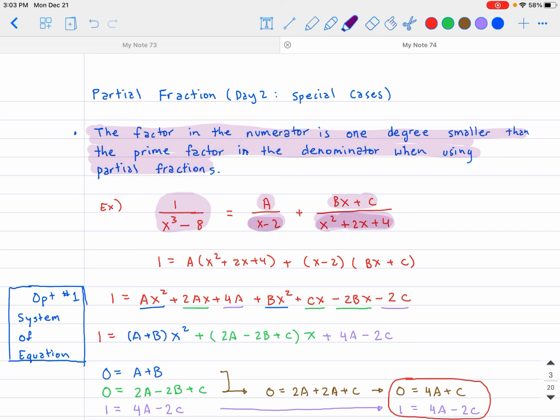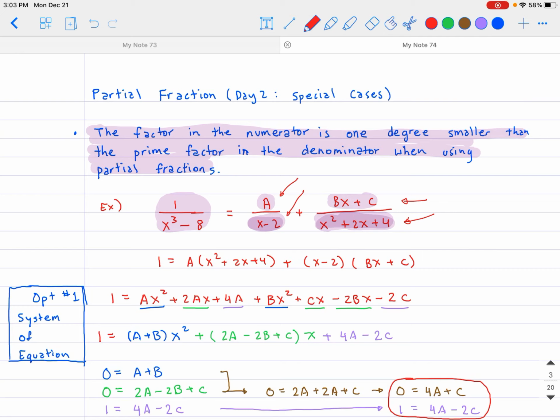It is actually Bx plus C. Because the factor on the bottom is quadratic, the factor on top has to be 1 degree smaller, hence it's linear. Whereas in the first factor, the denominator is a linear factor, so 1 less degree is a single constant. That's where the A is coming from.